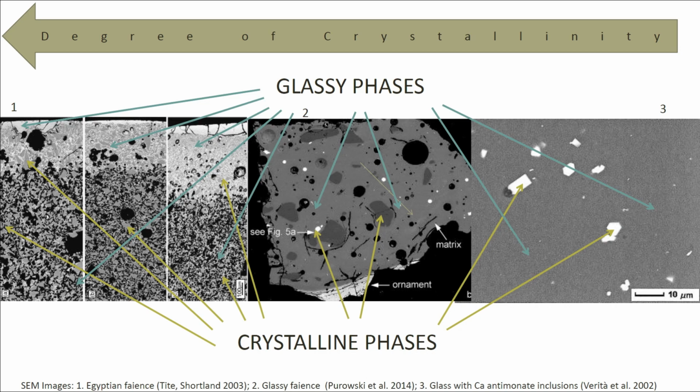An important feature of glass is that it is usually a non-porous material, unlike ceramics, and these black areas on images are just empty space. Glassy faience is something in the middle between the glass and faience and has many crystalline inclusions embedded into a glass matrix. Proper glass might have a small amount of inclusions, and those are usually important for optical characteristics of the objects and must be studied.